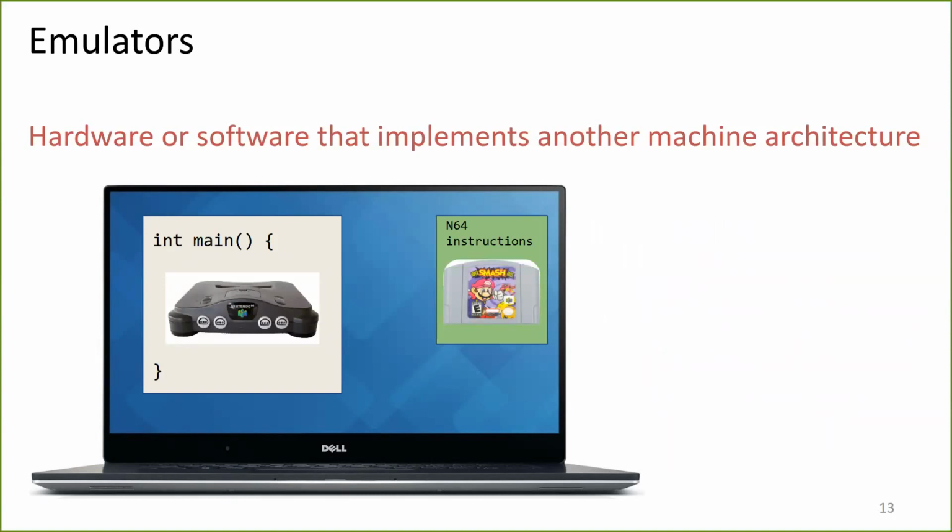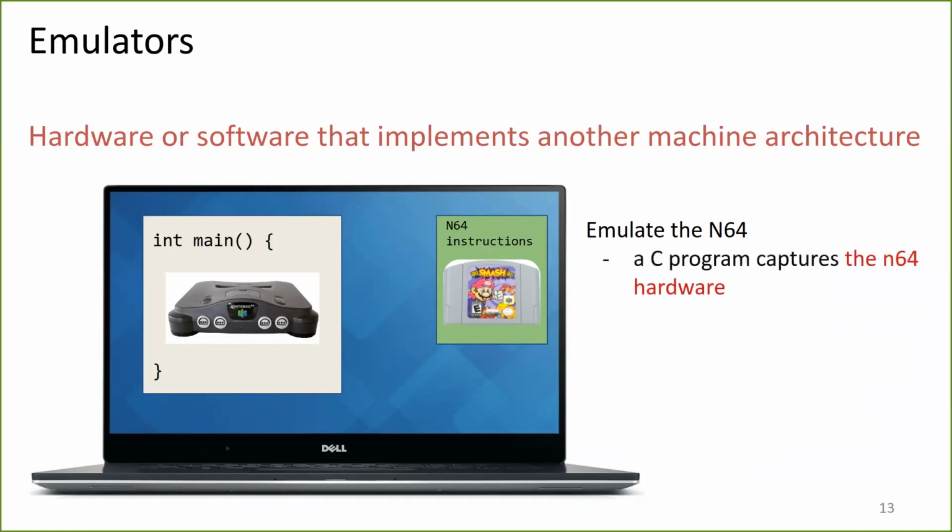If we wanted to emulate an N64 on my laptop, here's what we would do. Instead of writing a program that simulates the specific game I want to play, I would write a C program that simulates the N64 hardware itself, that somehow simulates the processor and the memory being used inside of this device.